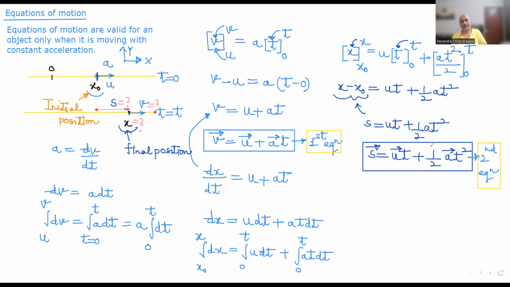So this was it. This is the second equation. Now, as I said, we can also find x from here, using this expression. I'll write it here. X is equal to x naught plus ut plus half at square. But this is no equation of motion.